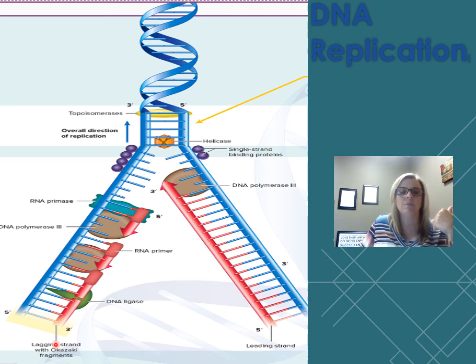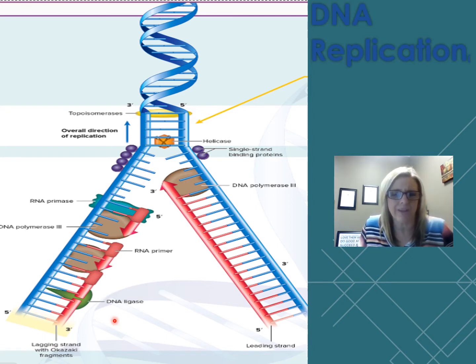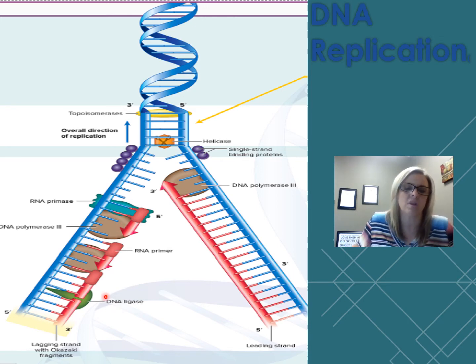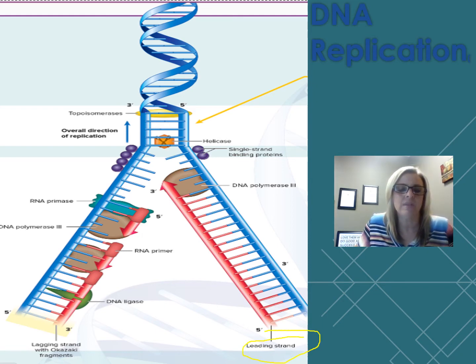Because it's copied at the same time in the other direction, it kind of jumps around, okay? And so it copies what we call Okazaki fragments. But the main point I was trying to get right here, not getting too far ahead, is that you have the leading strand and you have the lagging strand that does these little short pieces here called Okazaki fragments, okay?